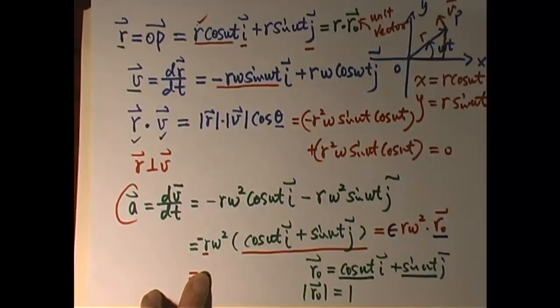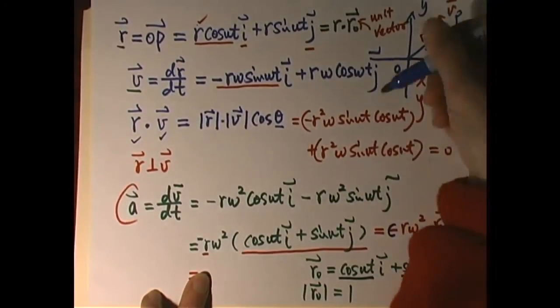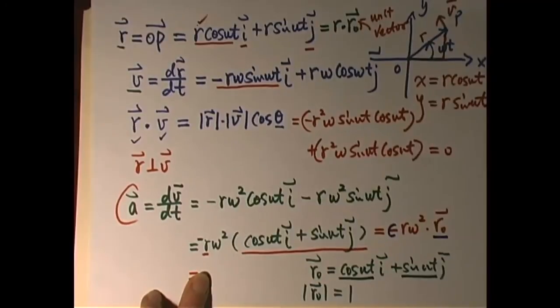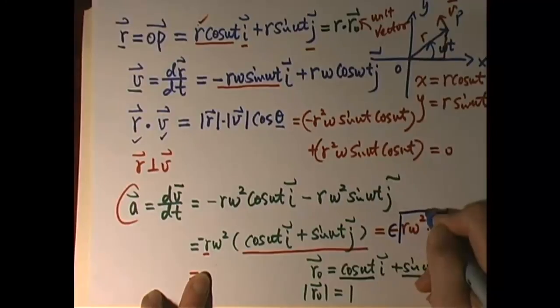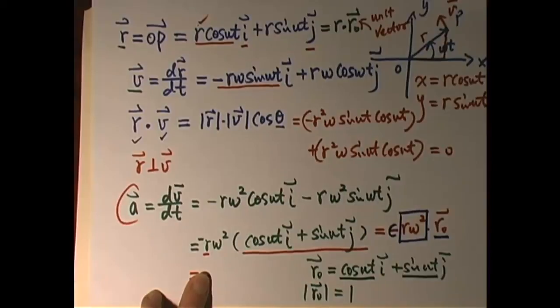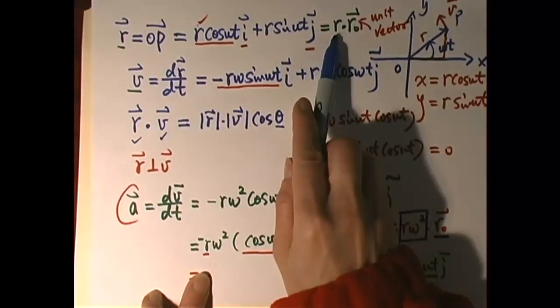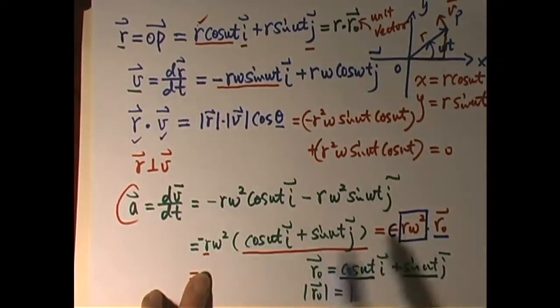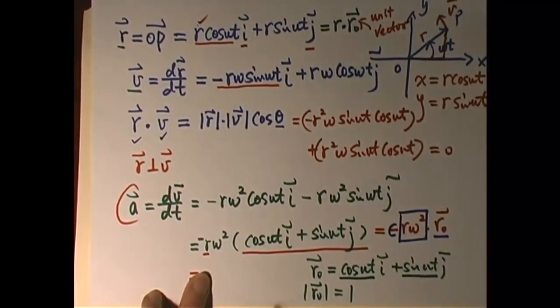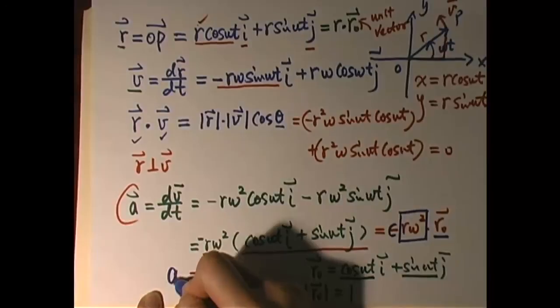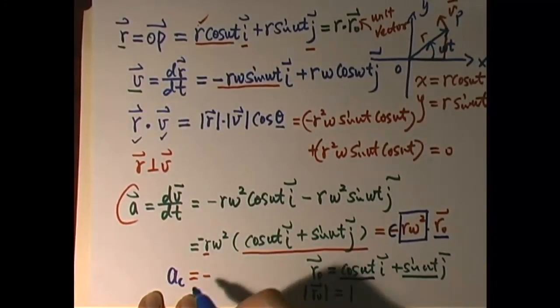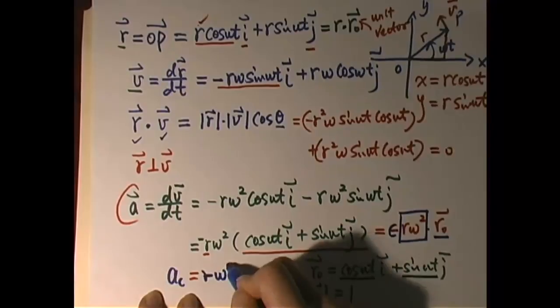The r direction is centrifugal; the negative r direction points to the center of the circle, and that's called centripetal. So the direction of acceleration is centripetal. And this is the magnitude of the acceleration, because a equals its magnitude times its direction, negative r naught. That is centripetal. Therefore, the magnitude of centripetal acceleration equals r omega squared.